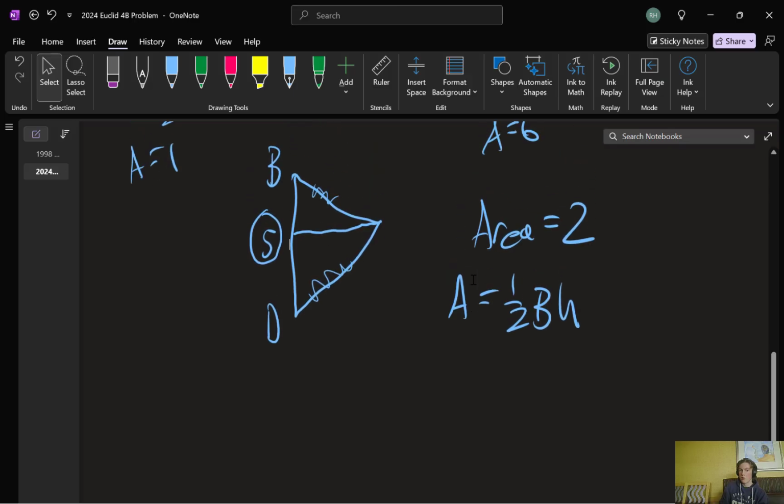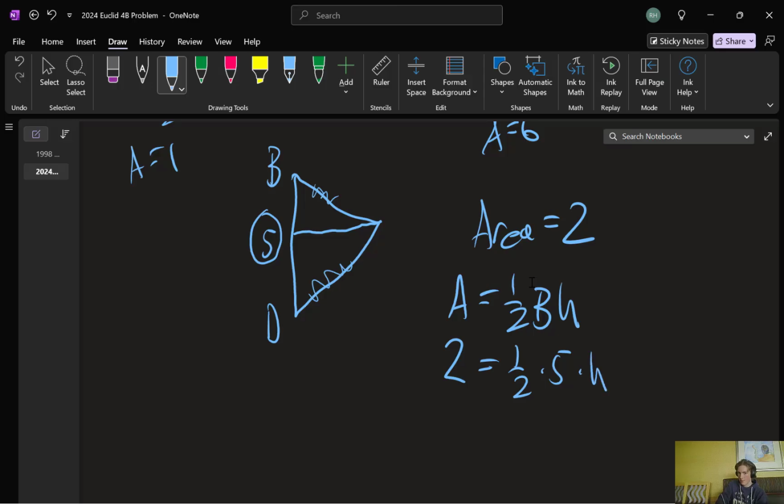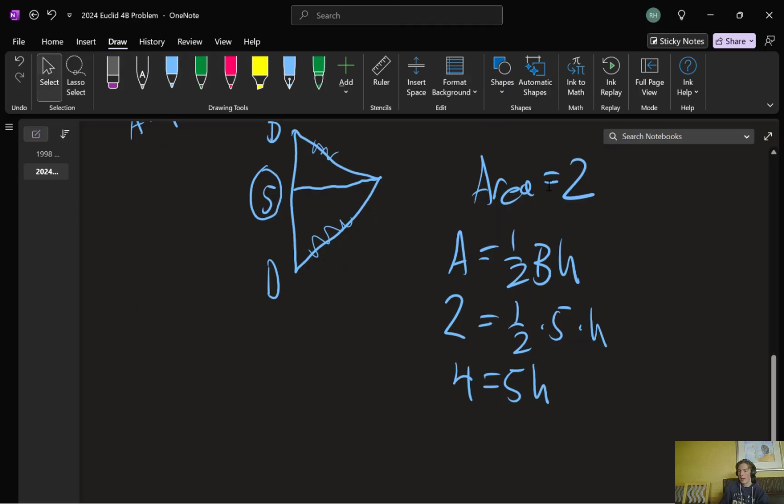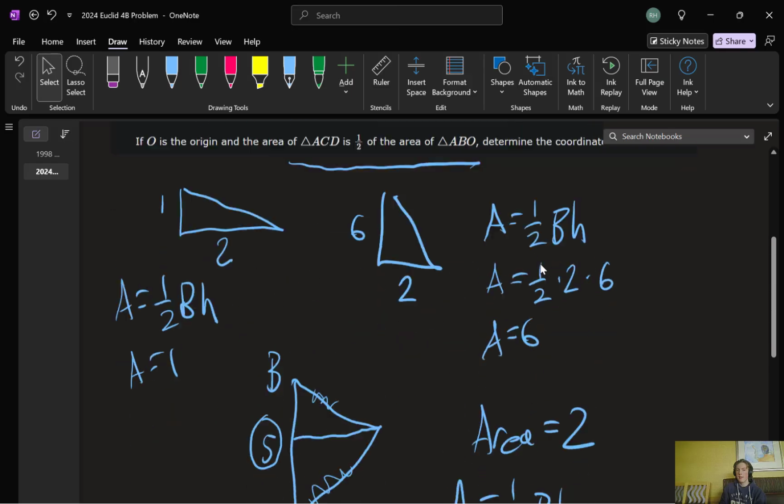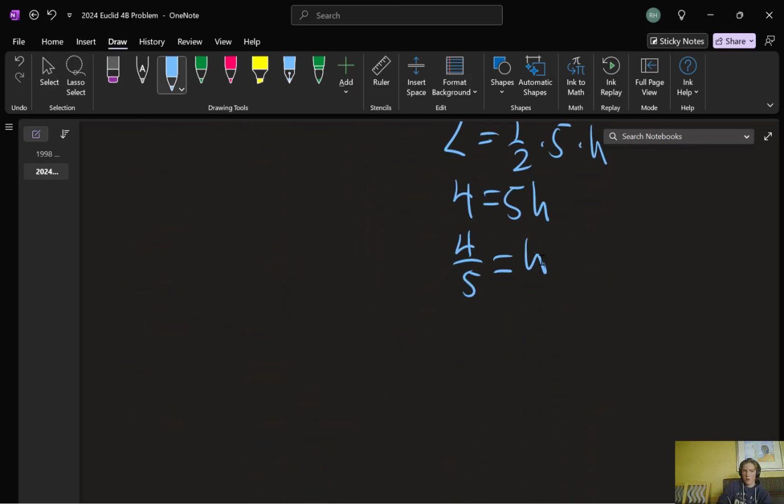Since we know the area is 2, and we know the base is 5, then we can solve for our height, which is actually going to be our x value. So if we multiply both sides by 2, we get 4 is equal to 5 times height, and height is equal to 4/5, which we know is actually just the x value of C. So we now know C is x comma y.